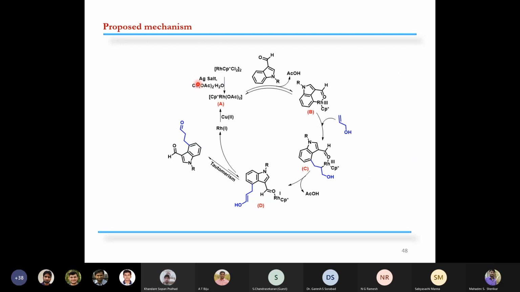So based on that control experiment and previous literature precedent, we proposed a mechanism here that is similar to the previous chapter, where the rhodium will undergo the formation of active catalyst, which is responsible for the formation of the CH activated rhodacycle, which will coordinate with allyl alcohol and form the inserted product C, and this inserted product C will undergo beta hydride elimination and form this intermediate D, which on tautomerism will form the more stable hydroxyalkylated product.